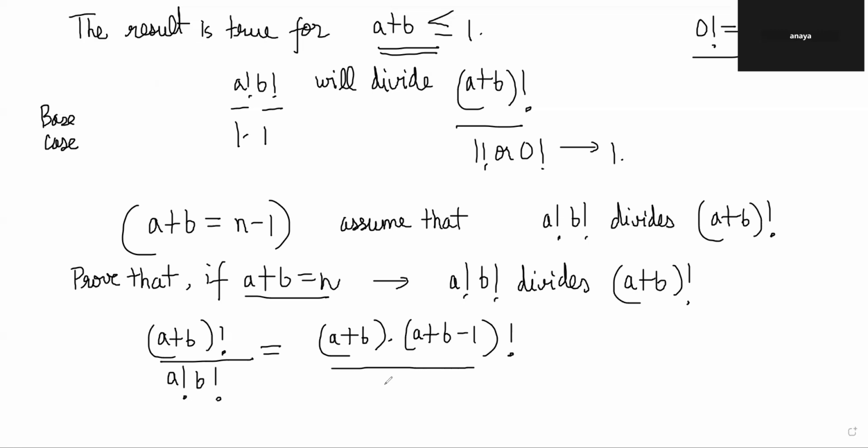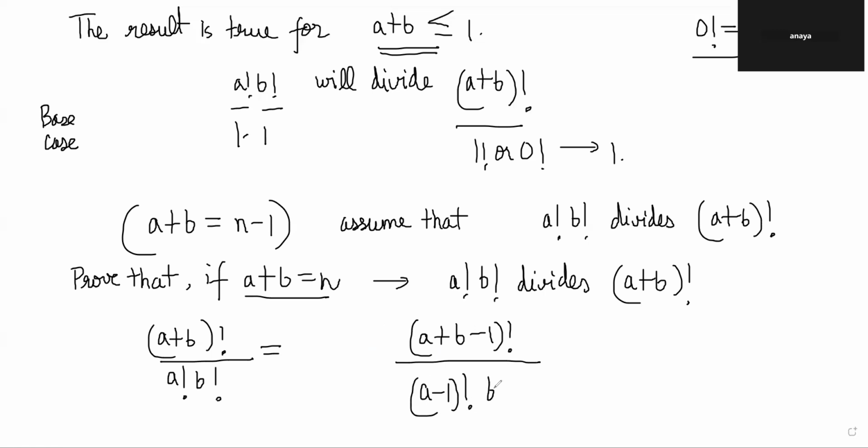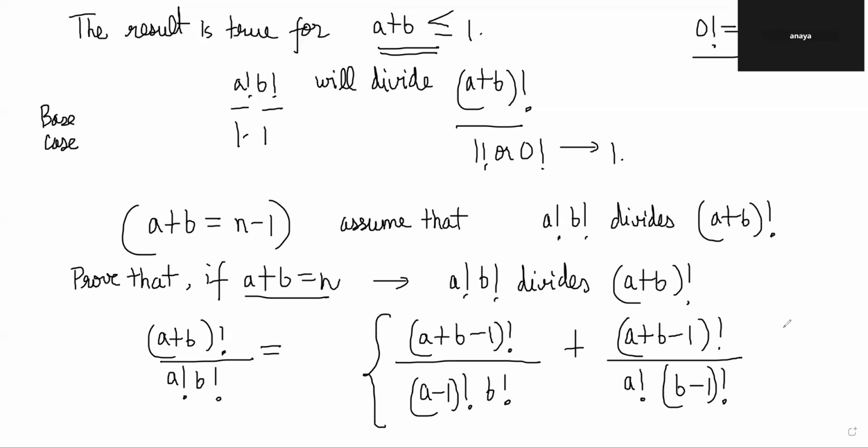Or actually, let's just check the value of a plus b minus 1 factorial divided by a minus 1 factorial b factorial, plus a plus b minus 1 factorial divided by a factorial and b minus 1 factorial. Let's just check whether this RHS is equal to this or not.